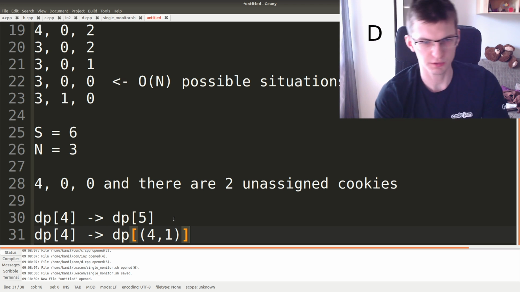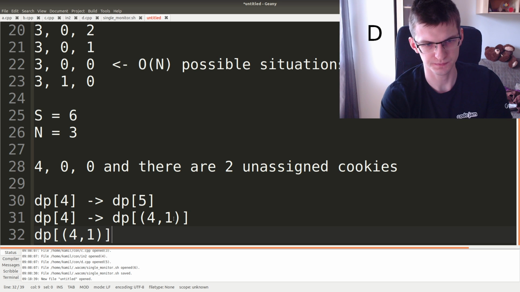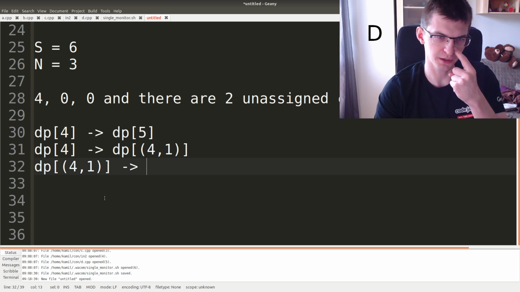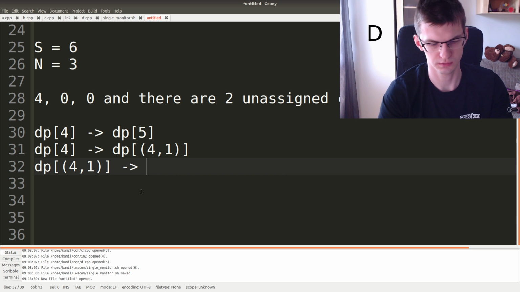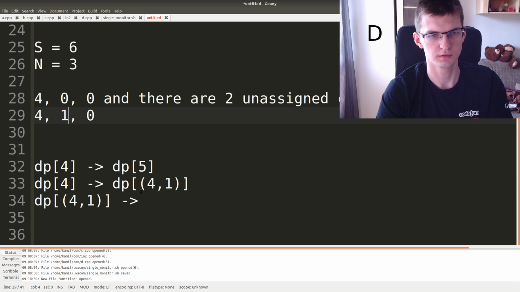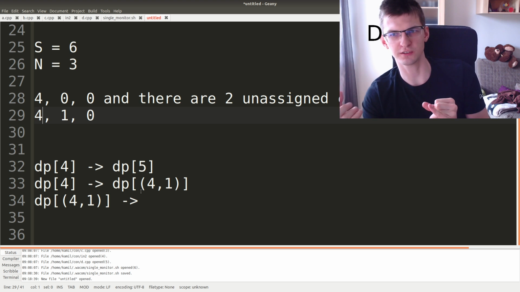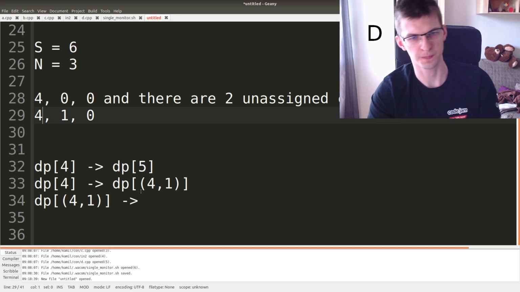Now, what will happen from dp of 4.1? Now I get back to taking cookies away from them, because I know even if I assign unassigned cookies, I will lose. Either this guy loses a cookie, or this guy loses a cookie, or one of the unassigned cookies is also lost, changed into another unassigned cookie.